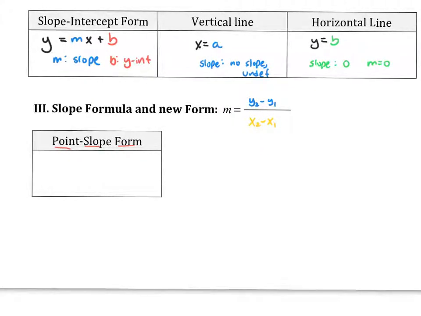If I were to generalize one of the points to be all points, so x and y there, and so notice I just dropped that little 2. And then we have the other one, which now is x1 right there.